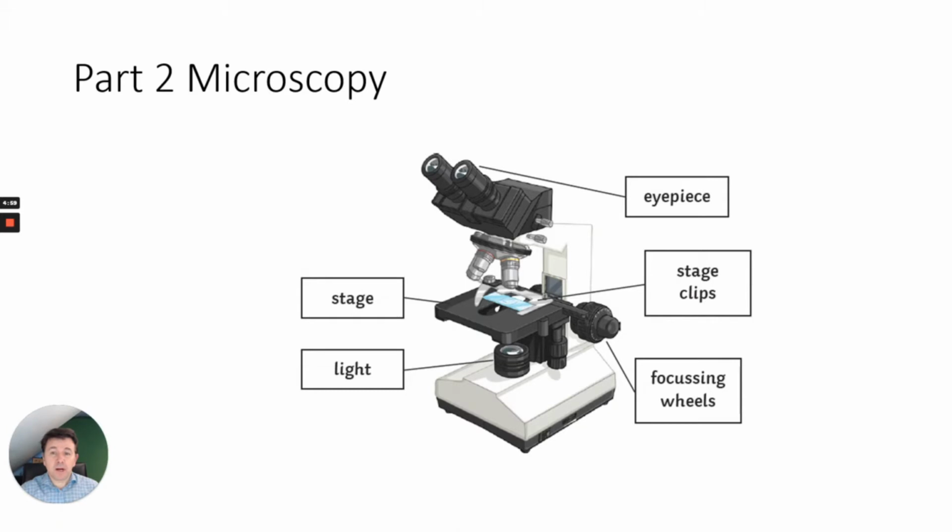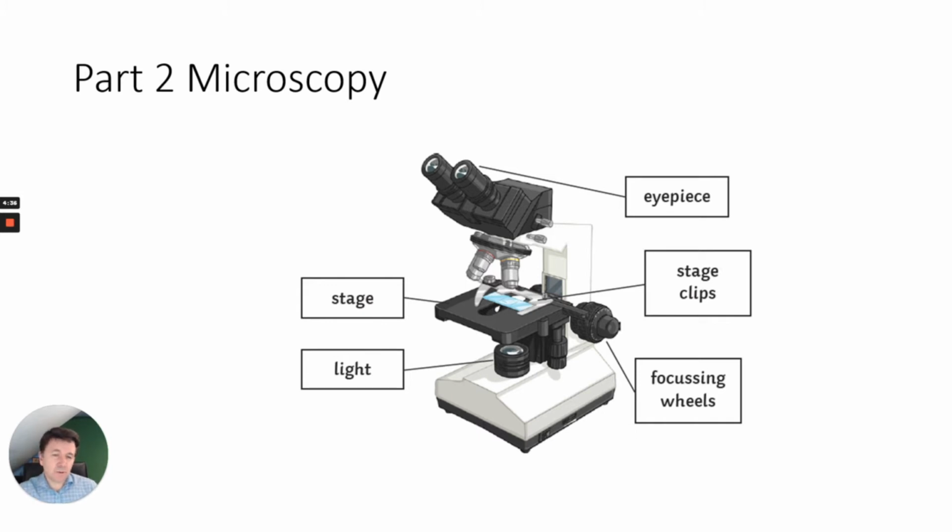Part 2 is microscopy, so it's about microscopes and looking at and observing cells with a light microscope. So here we have a light microscope. You might be expected in an exam to be able to label these things. You've got the eyepiece, you've got the objective lenses, which are not actually shown in this diagram, unfortunately.